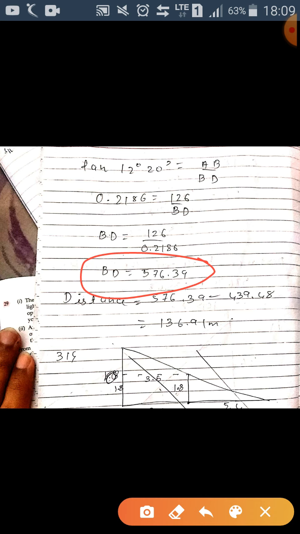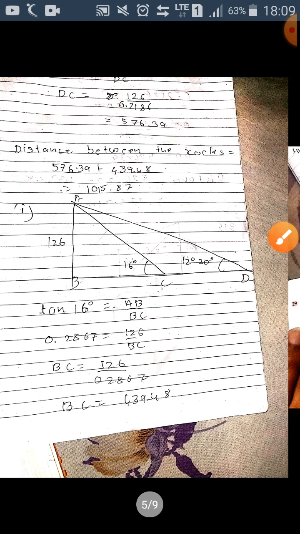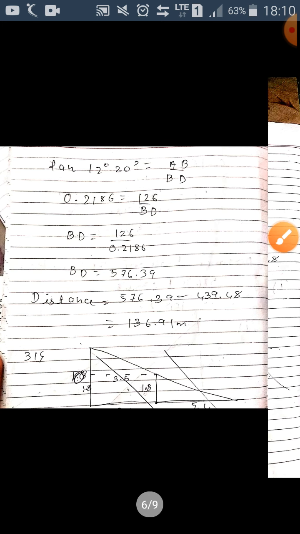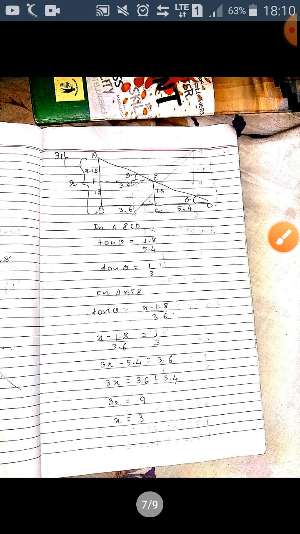Now how will I calculate the distance? I know that this whole distance is 576.39, and only this one is 439.48. How will I calculate the distance between the stones now? I will subtract both of them. Yes or no? That's what I have done.